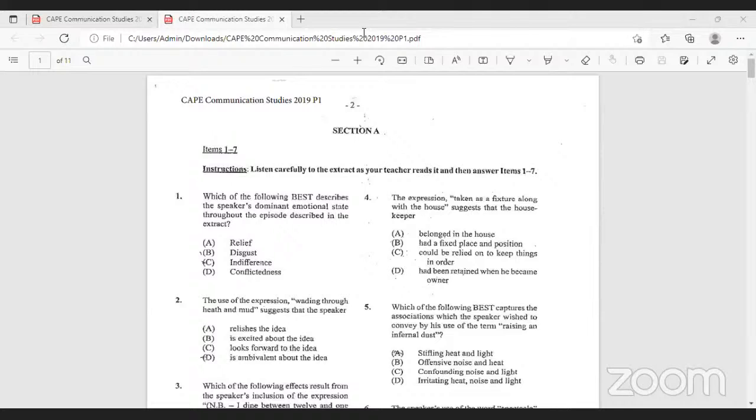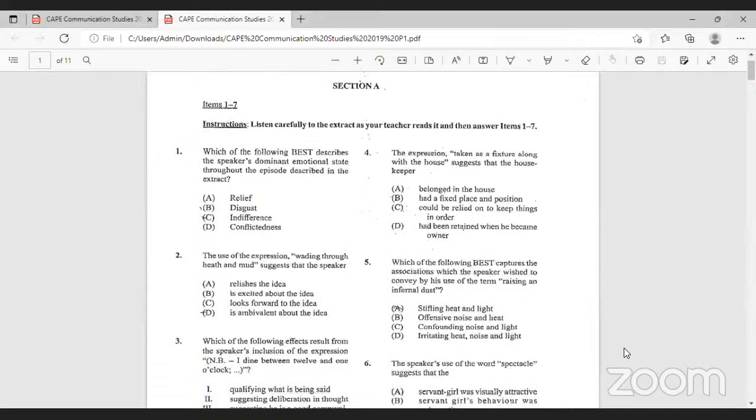That's A, B, C, or D. Yes, the answer is D, is ambivalent about the idea. So feel free to take screenshots if you want, guys, and then you just match the answers, or we send this to you afterwards. But we're trying to go through this.